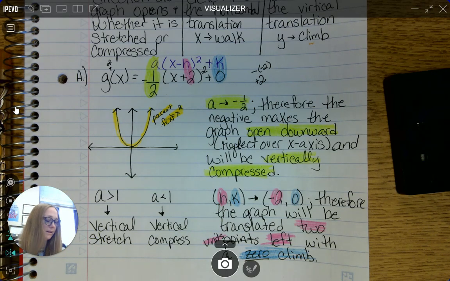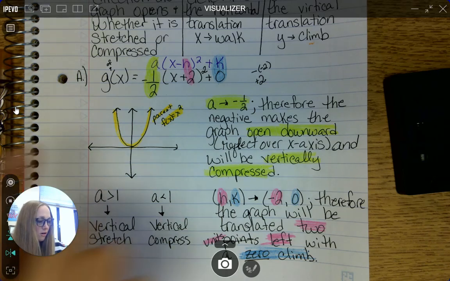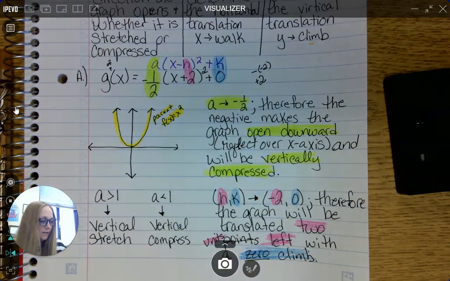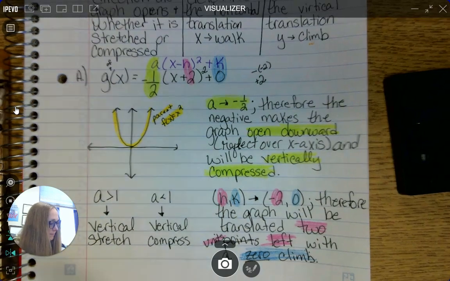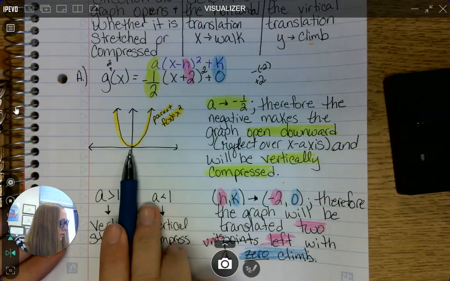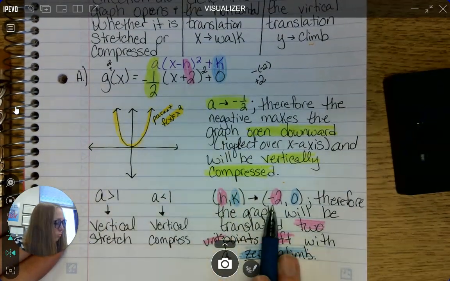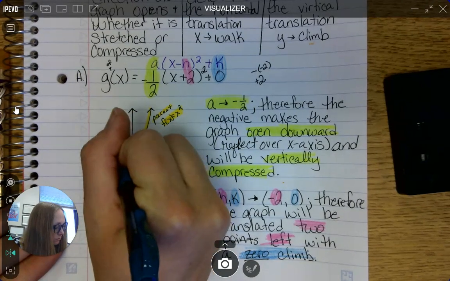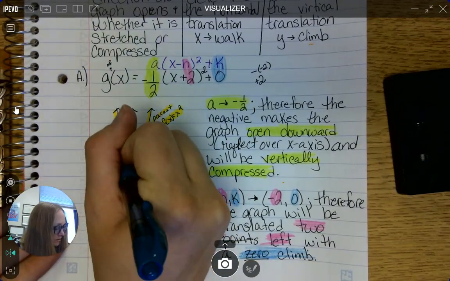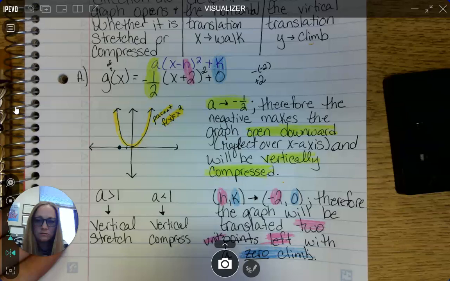So let's go ahead and graph our parent function. Oh, no, I already got my parent function. Let's graph our new function here and see what that is going to look like. So I start at my origin and I'm going to walk -2 this way and climb 0. That is my vertex.